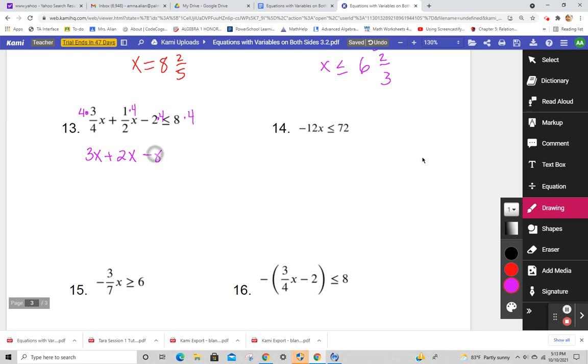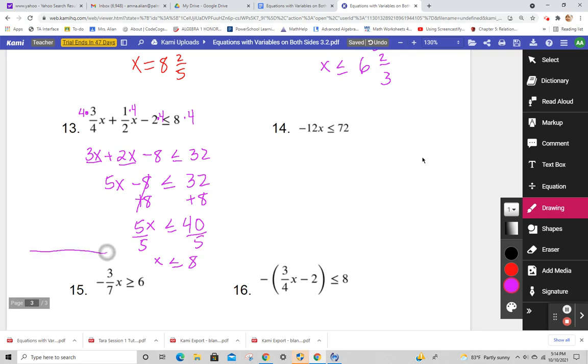Minus 2 times 4, which is 8, less than or equal to 32. We'll combine like terms. 3x plus 2x is 5x. Add 8 to both sides. So 5x is less than or equal to 40. Divide 5 from both sides. And x is less than or equal to 8.